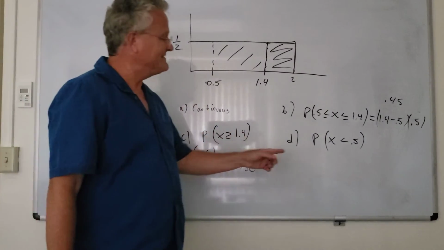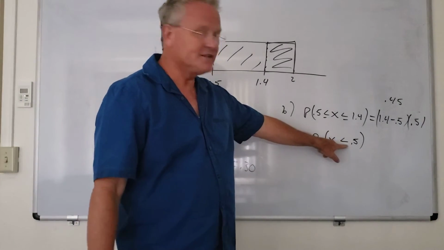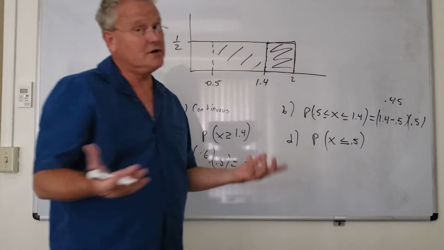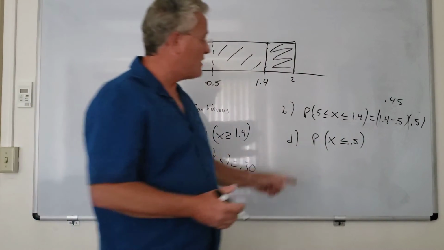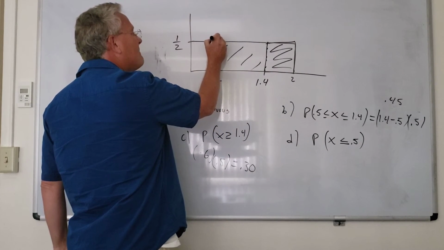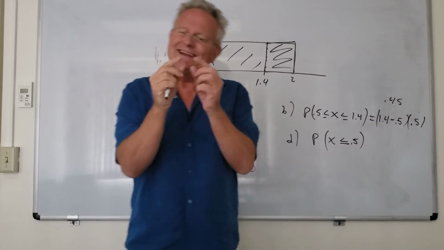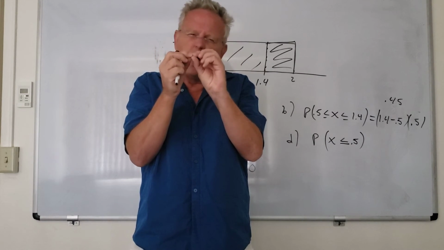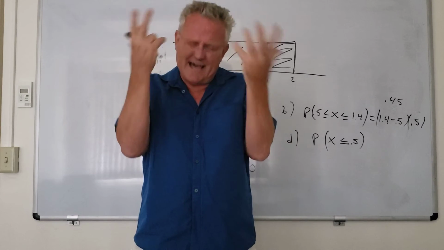Now, if it's a continuous model, this answer, a strict inequality, and this answer, they're going to be the same. And the reason why is because 0.5, we're talking about a point, and a point is infinitesimally, infinitely small. It's a concept.